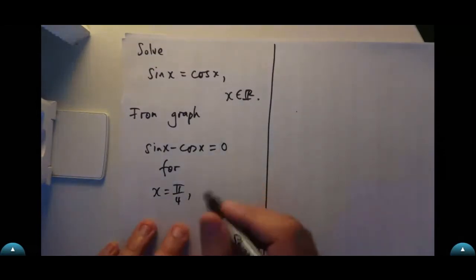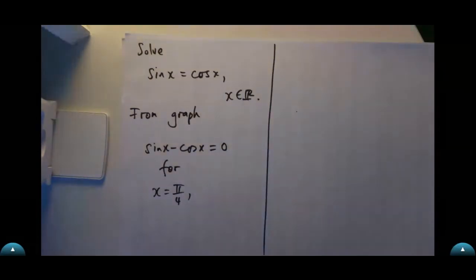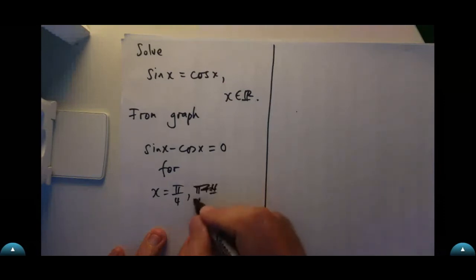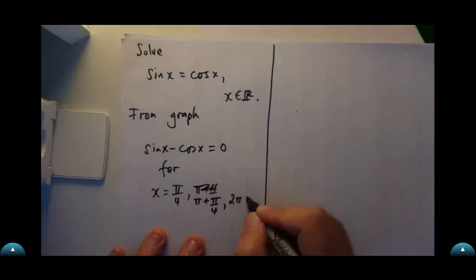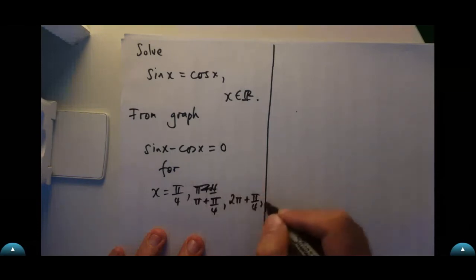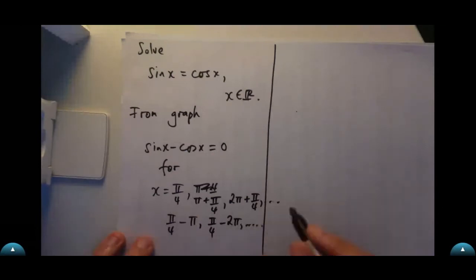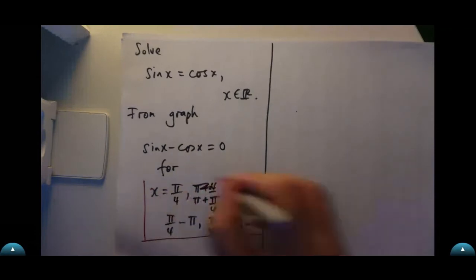So it'll be pi on 4 plus pi, etc., and pi on 4 minus pi. So there's an infinity of solutions here.